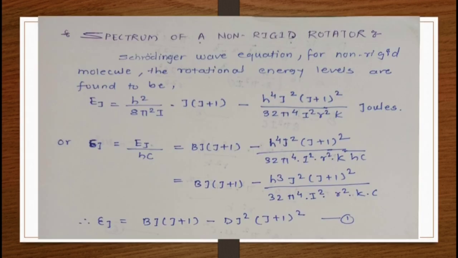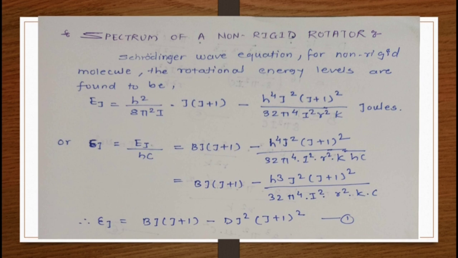From the Schrödinger wave equation for the non-rigid molecule, the rotational energy levels are found to be capital E_J. Capital E represents the energy in joules, and the small j represents the rotational quantum number, or you can say the rotational energy level number. It will be 0, 1, 2, 3 and so on.